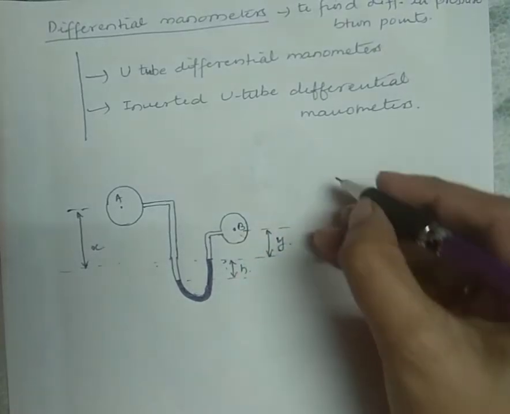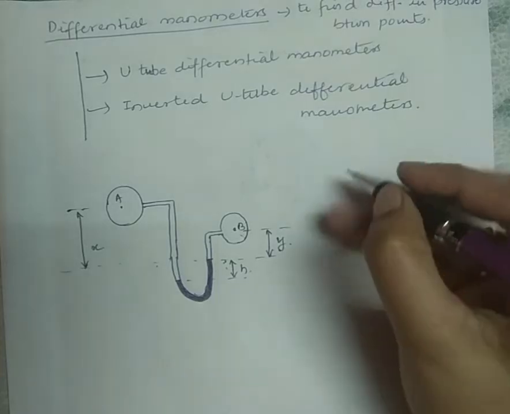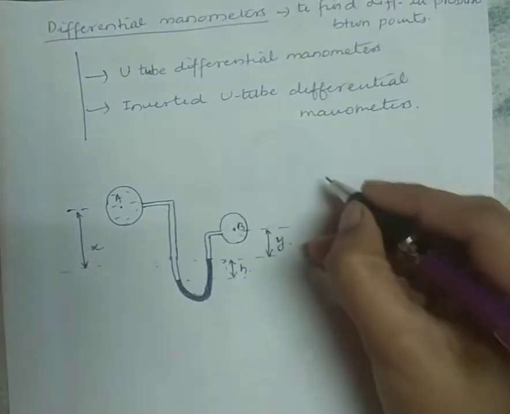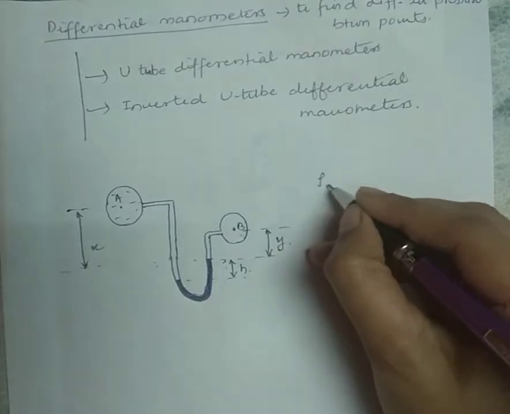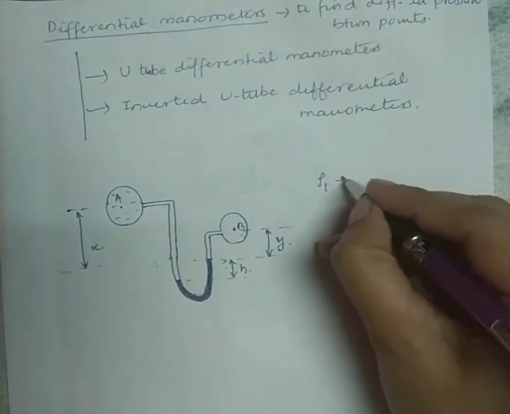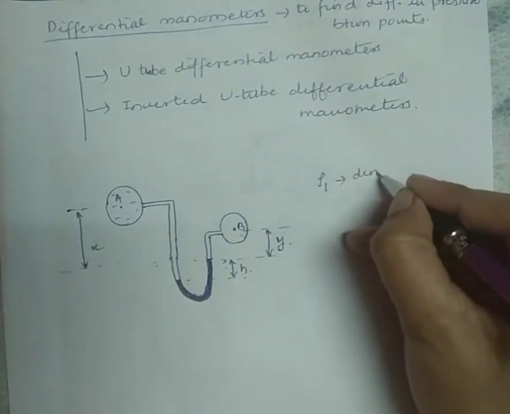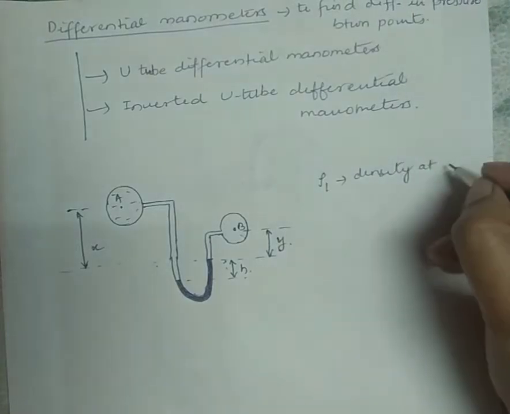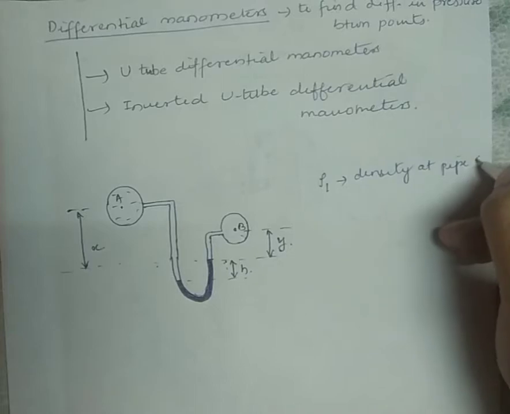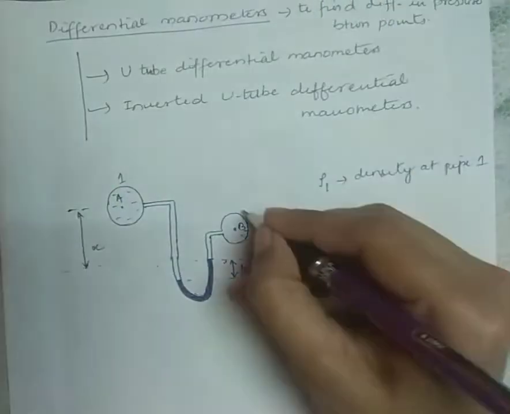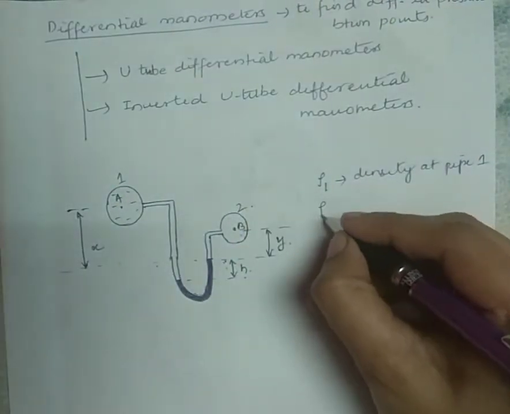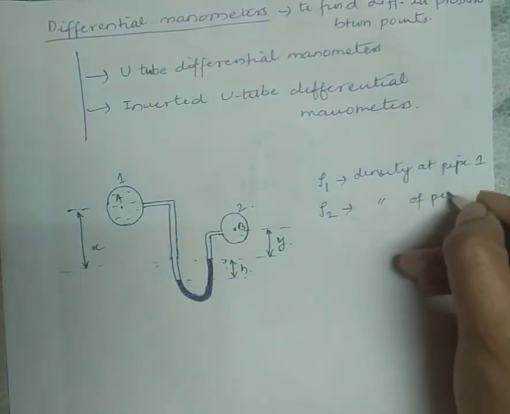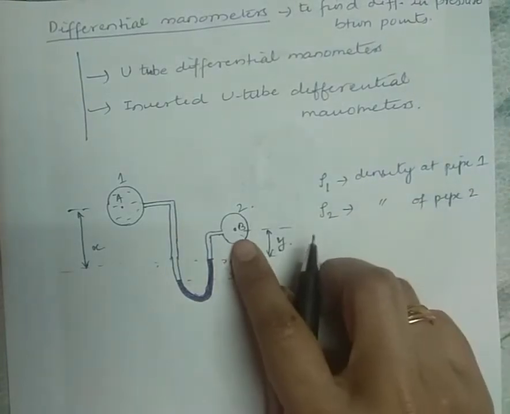Let's assume that this liquid has a density of rho 1 at pipe 1. This is pipe 1 and this is pipe 2, and let rho 2 be the density of the liquid at pipe 2.